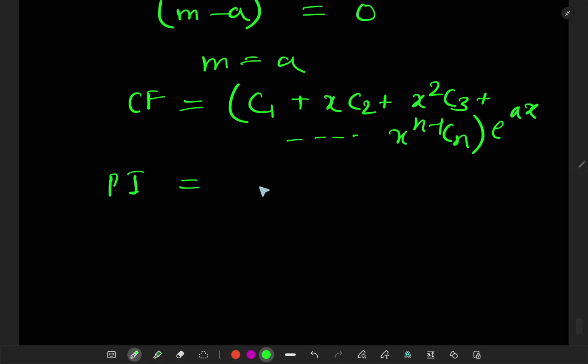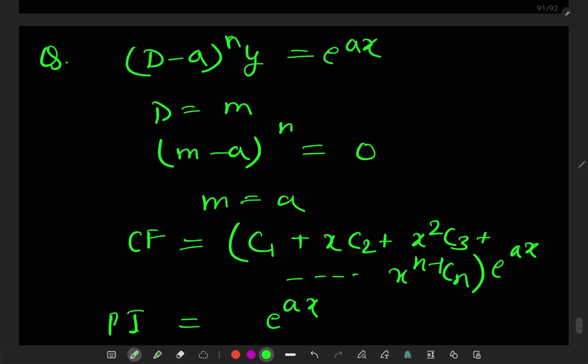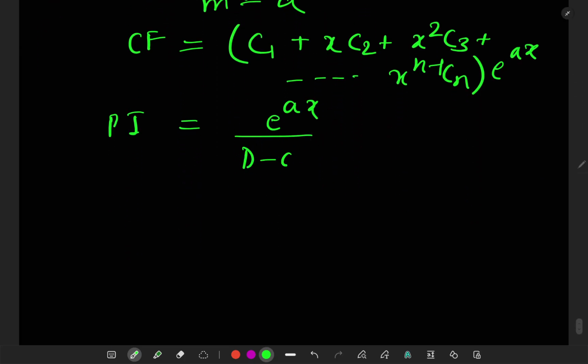Now the particular integral e raised to power ax divided by D minus a raised to power n is equal to, now here you can see, if we differentiate this term 1 time, 2 times, 3 times, when we differentiate this n times like that, this term becomes non-zero.